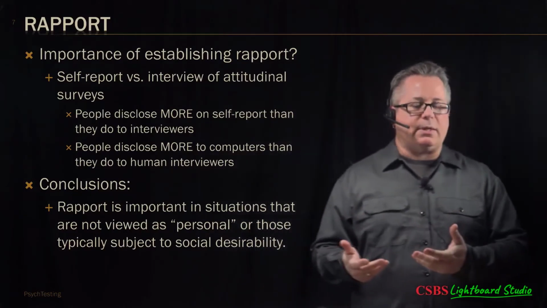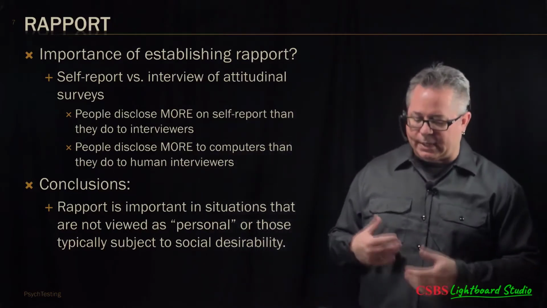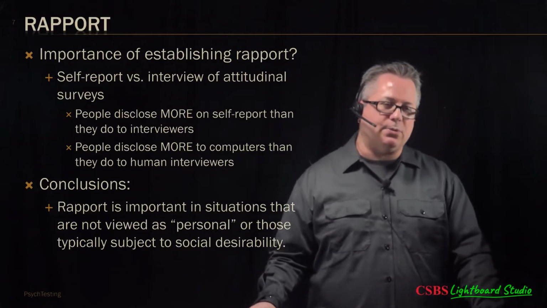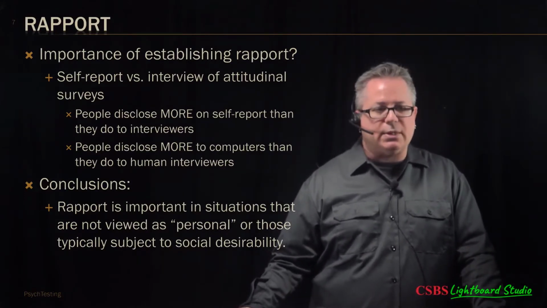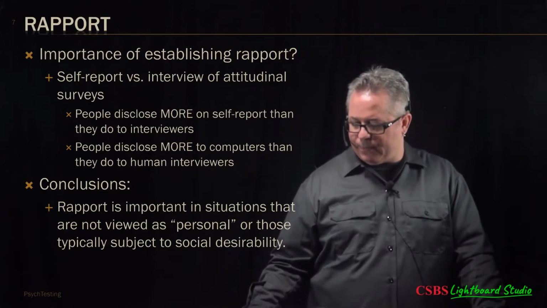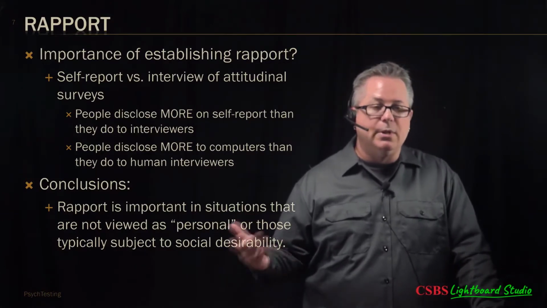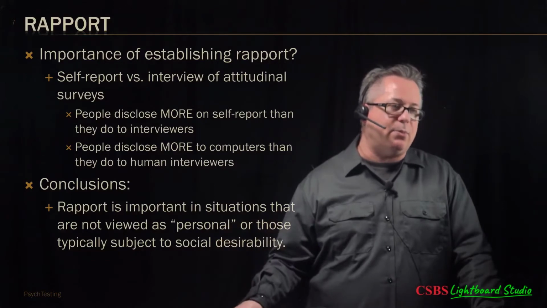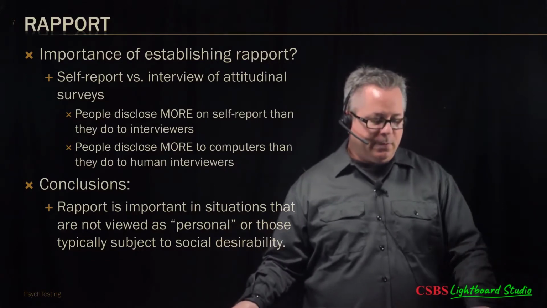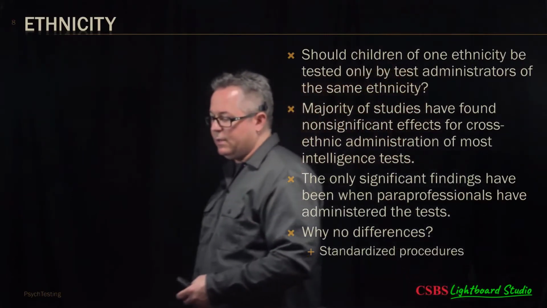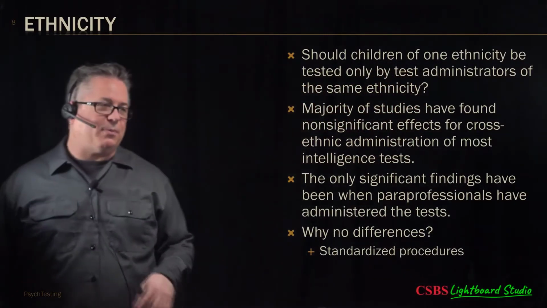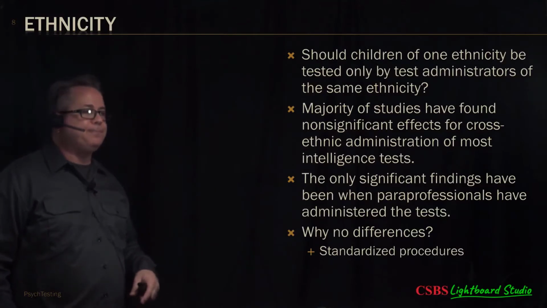But with achievement testing and aptitude, things that are not personal or socially desirable, rapport can help enhance scores, or be detrimental to them if the rapport is actually bad, right? So it's interesting to think that the test administrator can actually affect the outcomes of something like an IQ test.